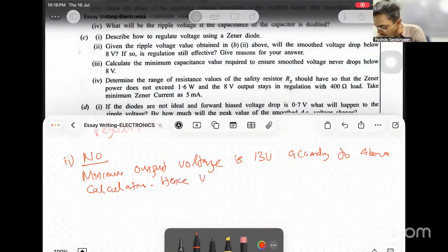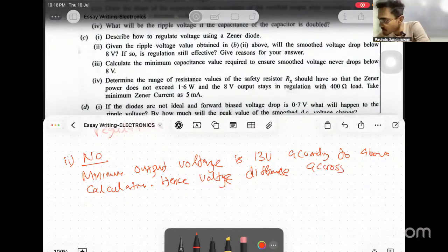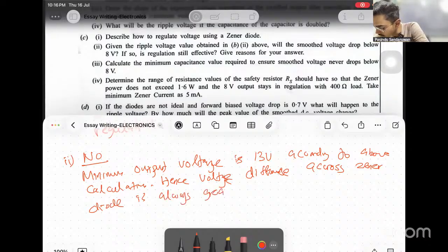Hence, the voltage difference across the Zener diode is always greater than 8 volts.